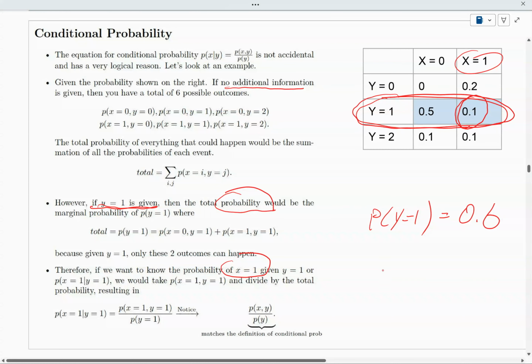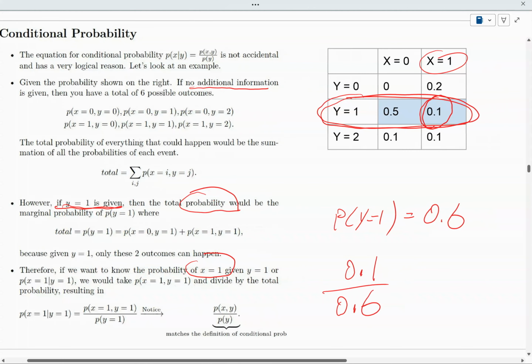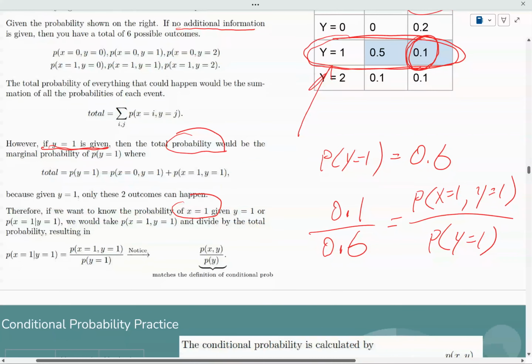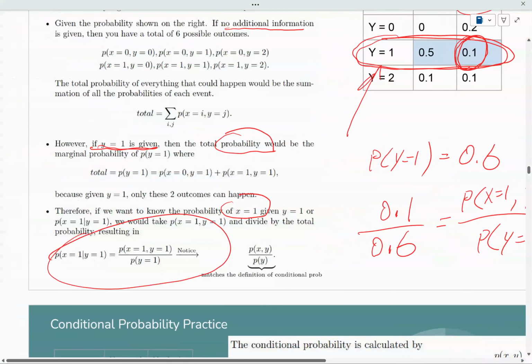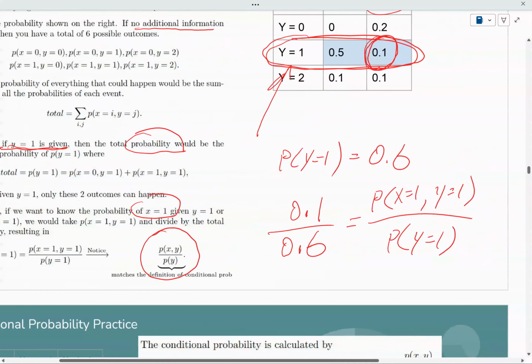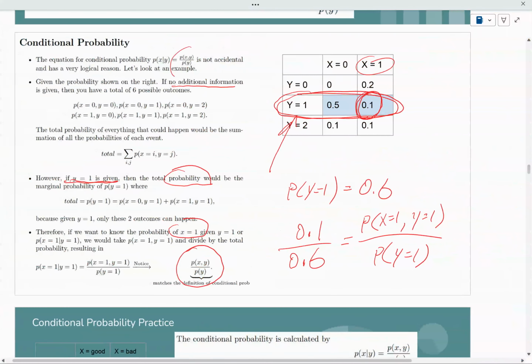So it's 0.1 given that 0.6 is the total. Notice how this is equal to the probability of x equals 1 and y equals 1 divided by the probability that y is equal to 1. I have it written right here, and this is exactly equal to the equation I just told you.